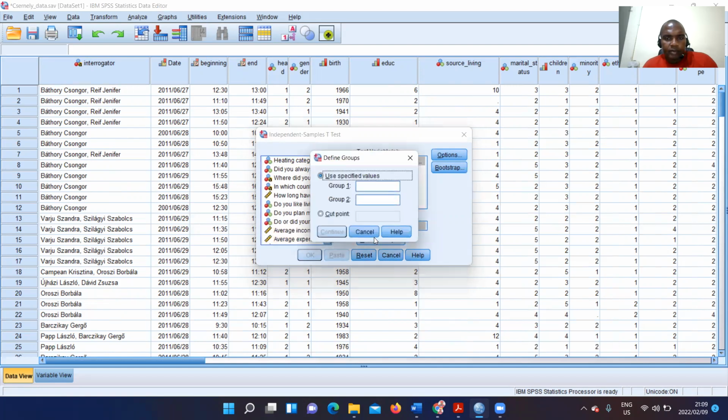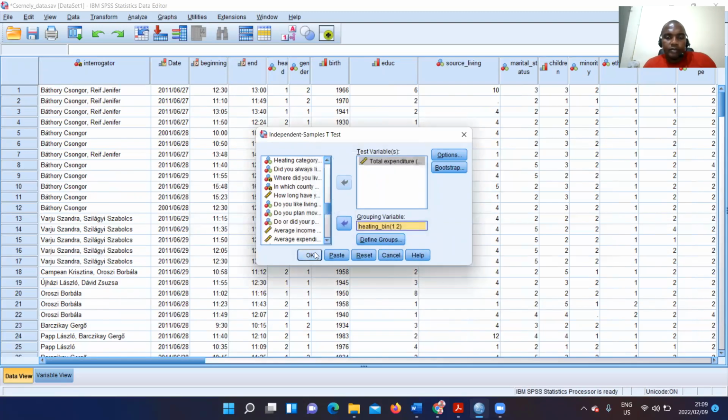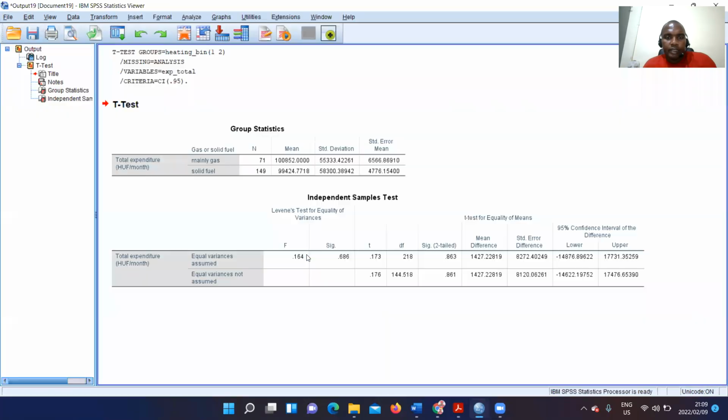We make it the grouping variable, where 1 represents 1 and 2 represents 2. And then we continue. Click OK.